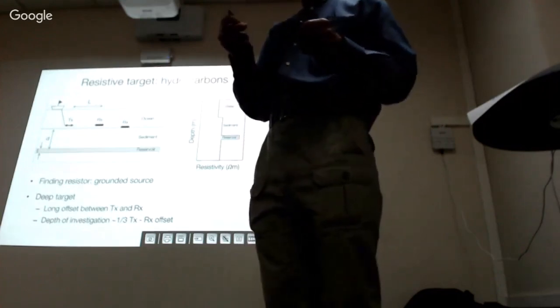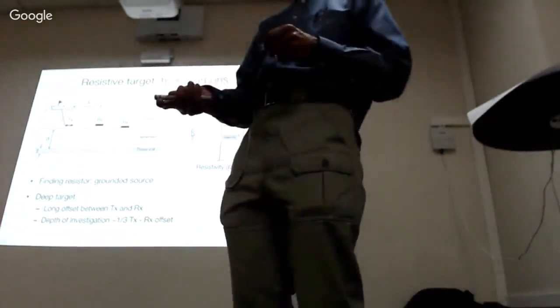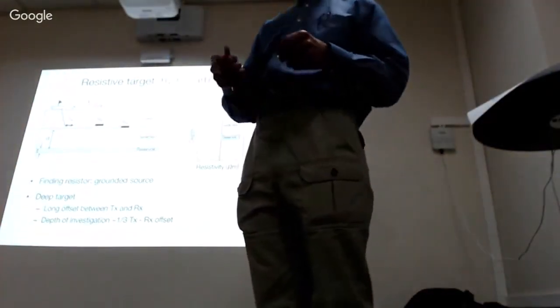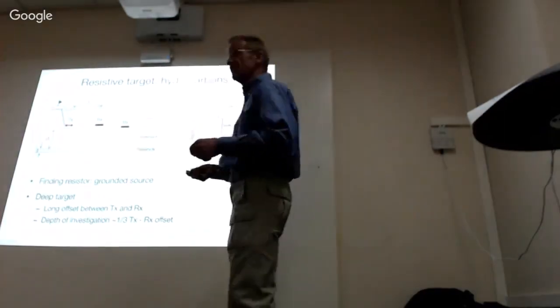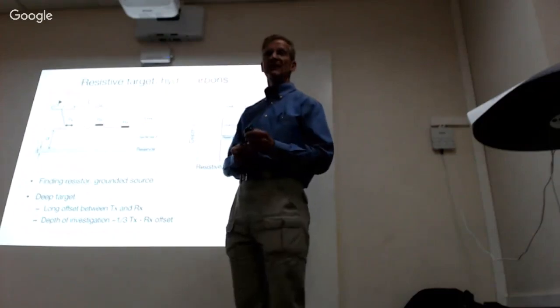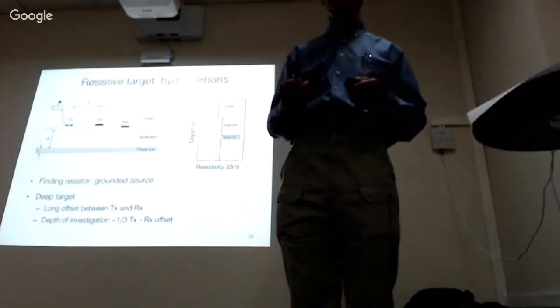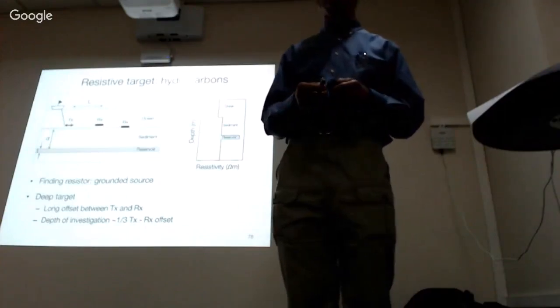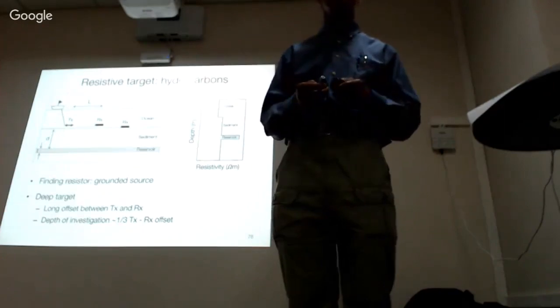From the work that we've already done this morning, talking about inductive sources and galvanic sources, you're trying to find a resistor. So what kind of survey would you choose? Would you use something with a strong induction component or a strong galvanic, DC type component?